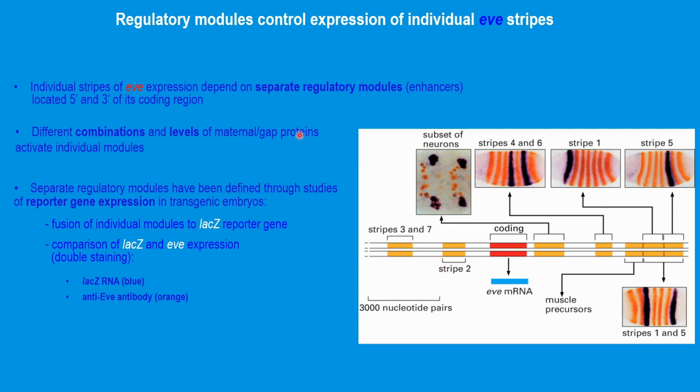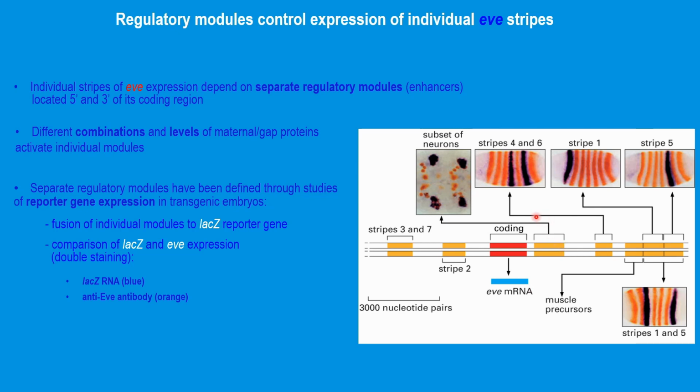Remember, we have gradients of these maternally contributed proteins, and they drive the expression of the gap proteins in these stripes. Within the gap stripe, there will be the right combination of transcription factors to activate one of these regulatory modules and drive transcription of Eve in that corresponding pattern.